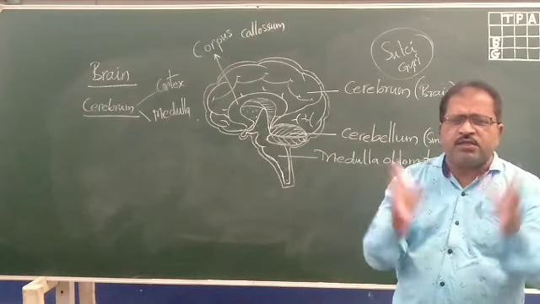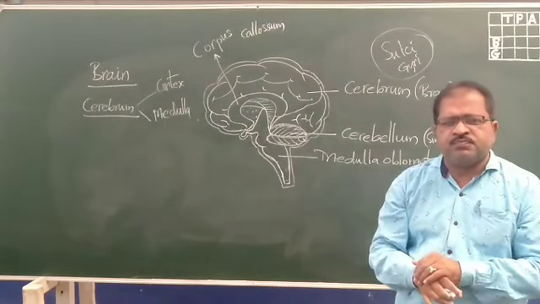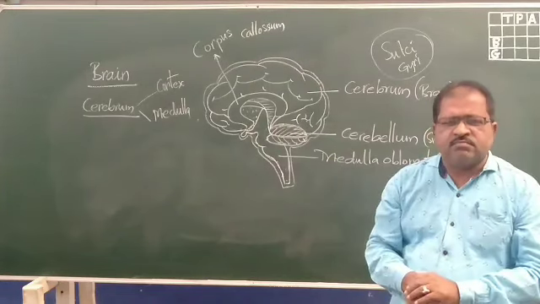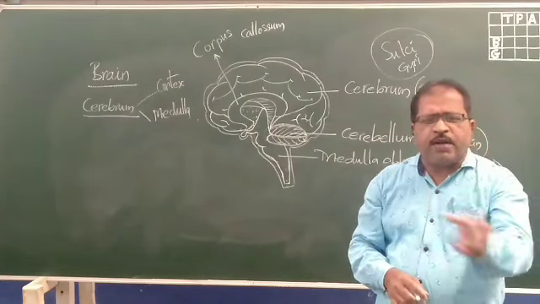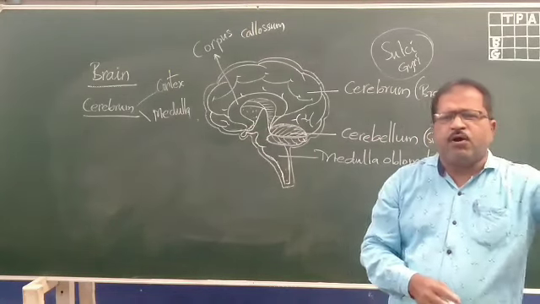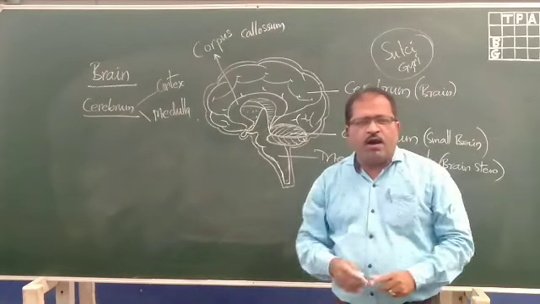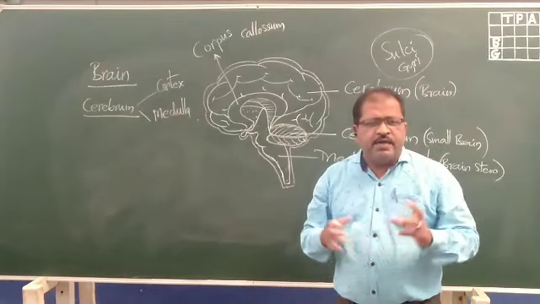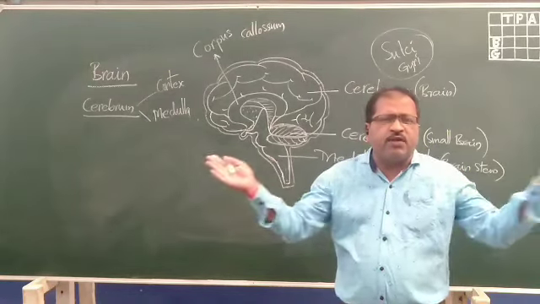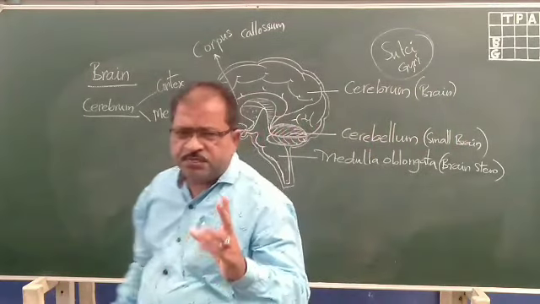This is because of the presence of the cell bodies of the neurons, so this is called gray matter. Whereas the medulla of the brain has white matter because all the nerve fibers are present in the medulla. Remember this one.